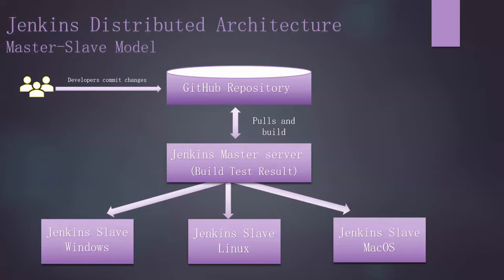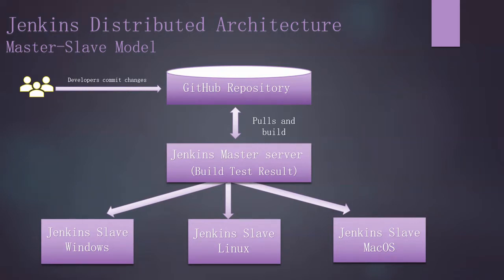We use Jenkins master and slave first for enterprise applications, and second for distributed environments, where we have one build that we have to deploy to different environments. Then we use the Jenkins master and slave architecture.